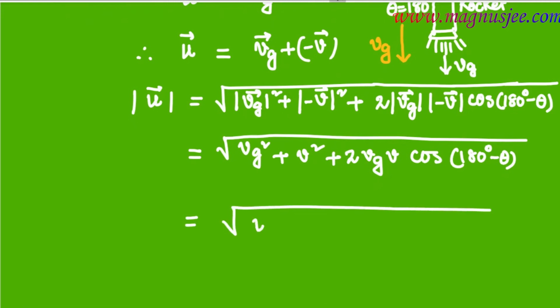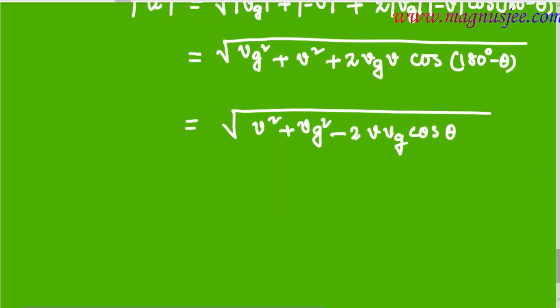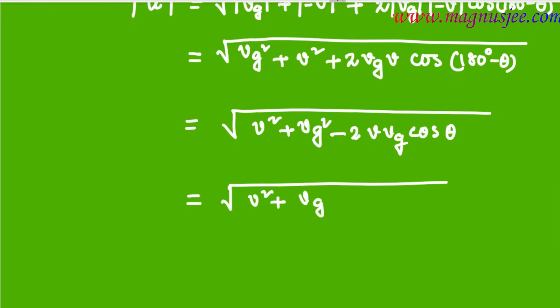Root over vg squared plus v squared, or v squared plus vg squared minus 2 v vg cos theta, because cos (180 degree minus theta) is minus cos theta. So u equals root over v squared plus vg squared minus 2 v vg cos 180 degree.